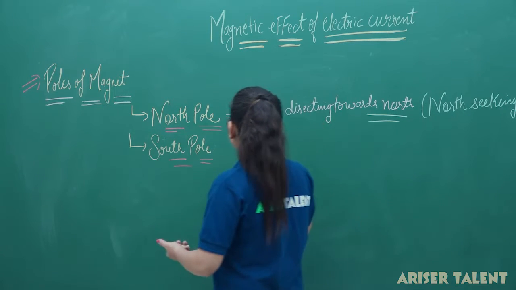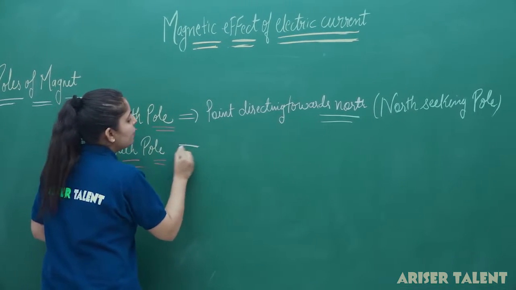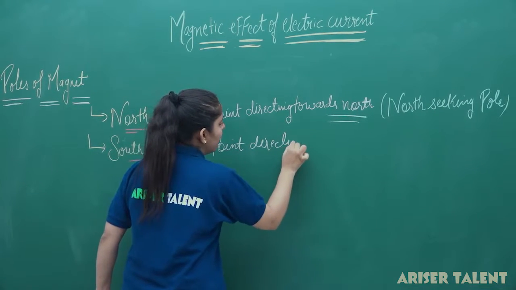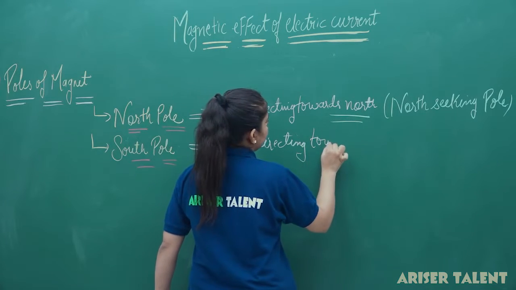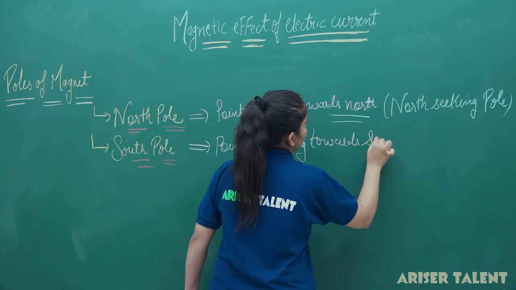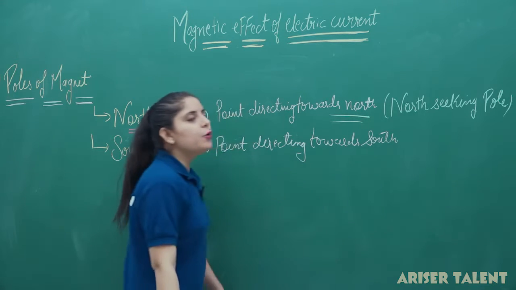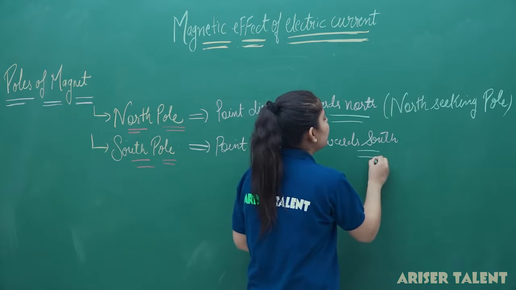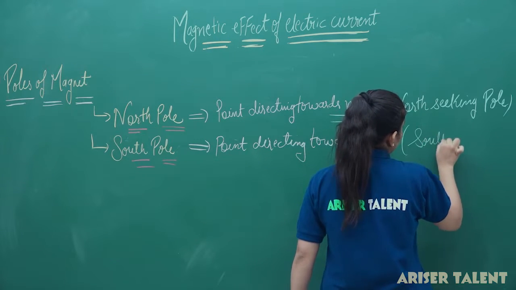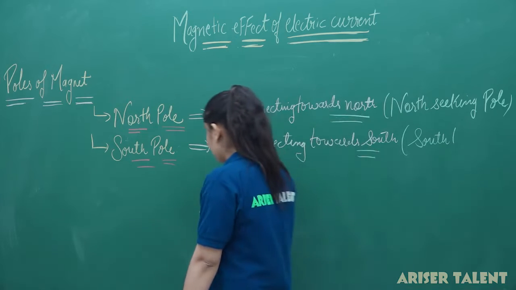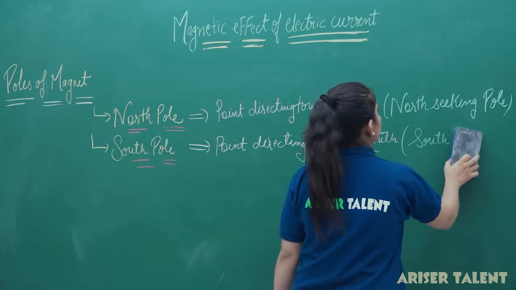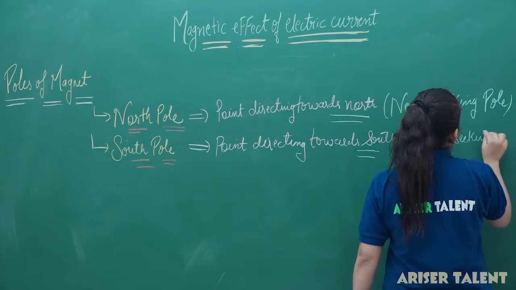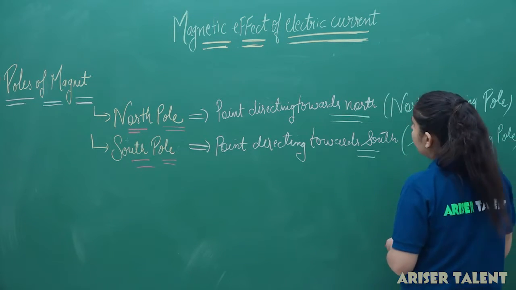If we have a point which is directing towards south, I can call this point the south seeking point or south pole. This will be termed the south seeking pole or south pole we have.